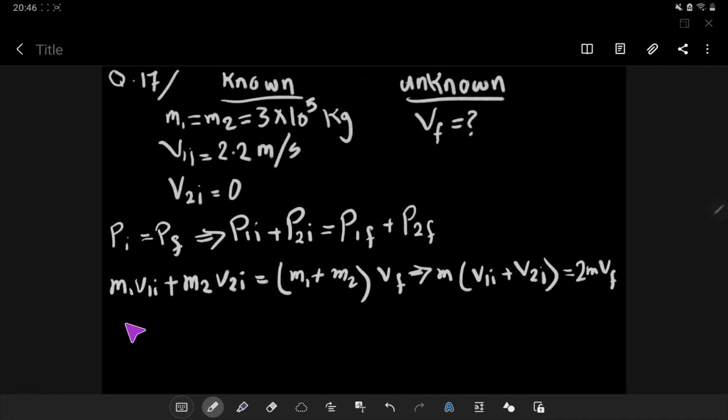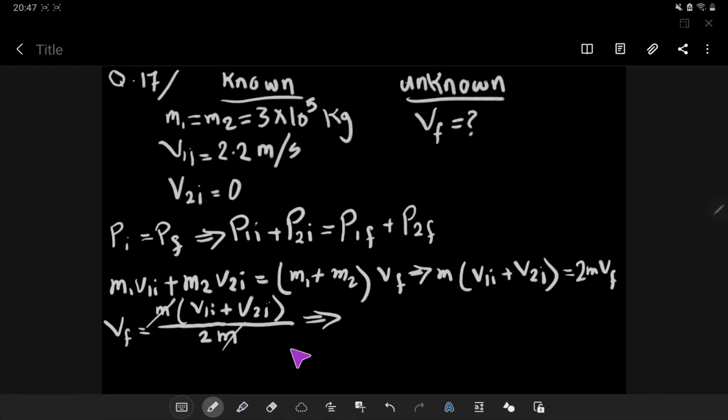So we will have v final equal to m times v1 initial plus v2 initial over 2m. Here we have the same mass, so we can cancel this m with this m.